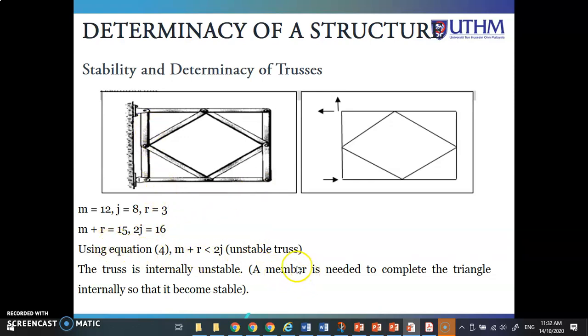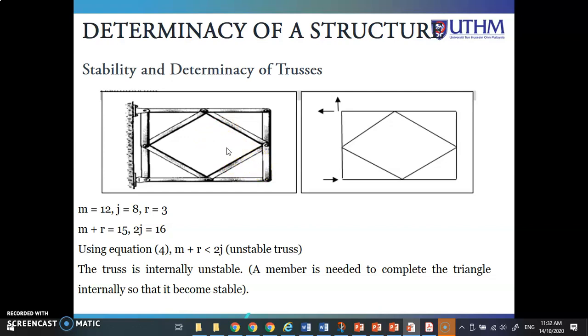Then by using this equation, it shows the unstable truss. So the truss is internally unstable. The member need to complete the triangle internally so that it become stable. But this one will be taught in the other chapter.